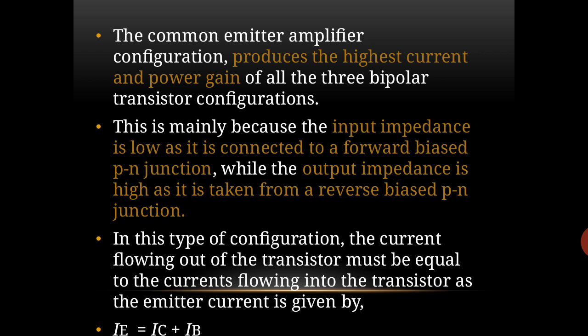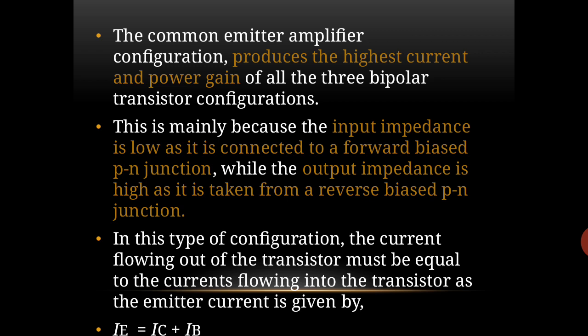Now always remember this, the emitter and base are connected in forward bias condition, and collector and emitter are connected in reverse bias condition, so that we get the favorable condition to get more current and more power gain. That's why this common emitter amplifier is useful.